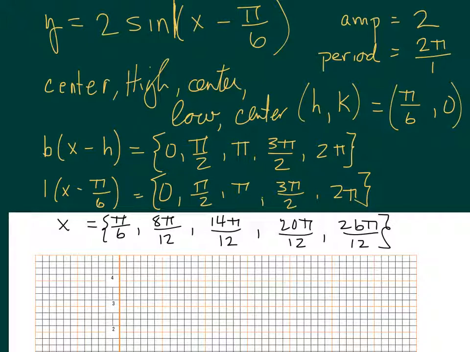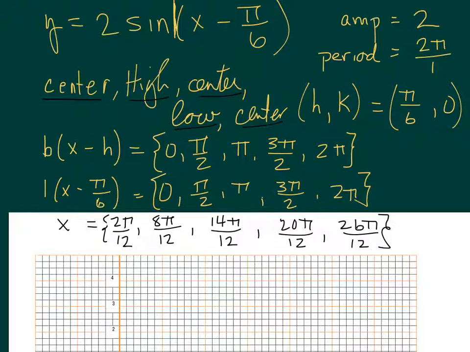So might as well go back and change pi over 6 into 2 pi over 12 just to be consistent here. So these are the special points where the graph crosses center line, high line, center line, low line, center line. So let's go to the graph paper.